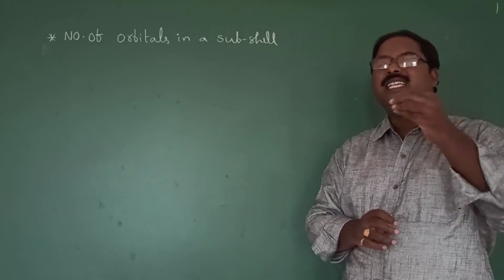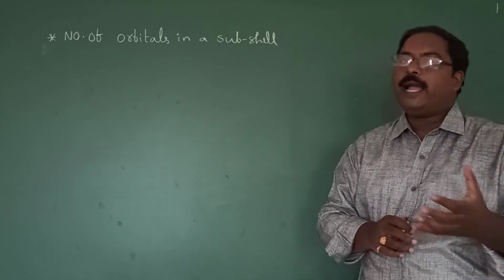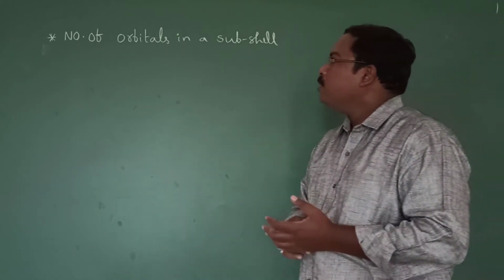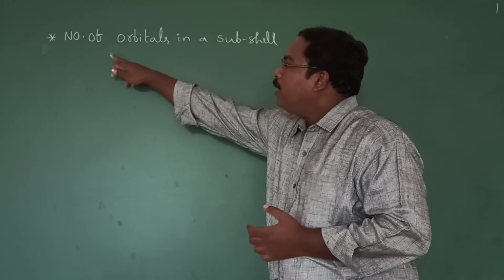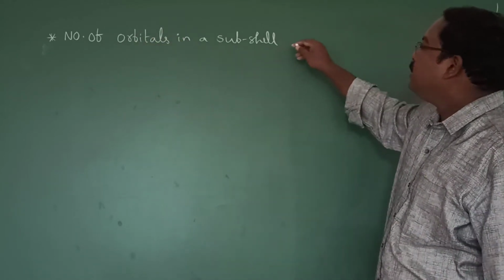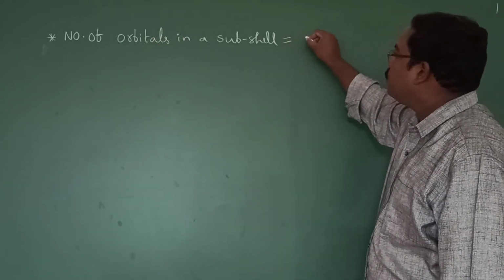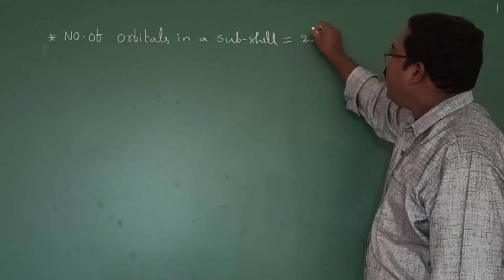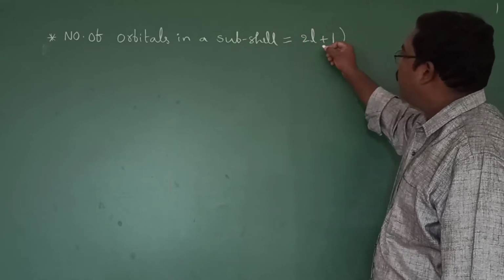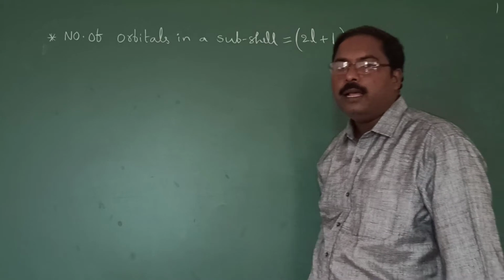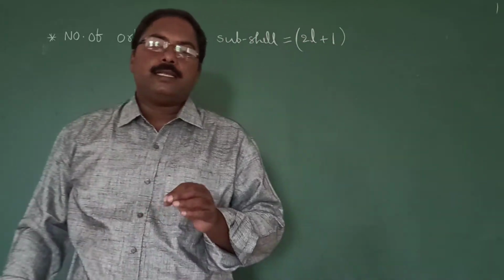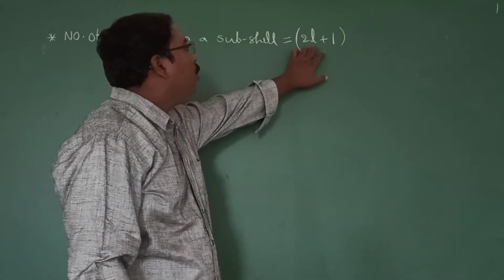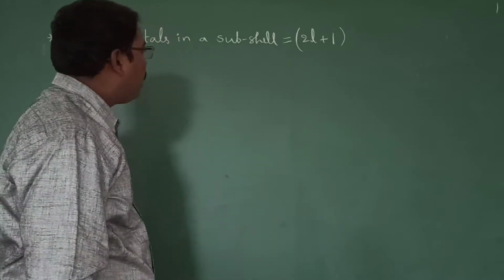For the D subshell, we got 5 D orbitals. So to remember directly, the number of orbitals in a subshell is equal to 2L plus 1.